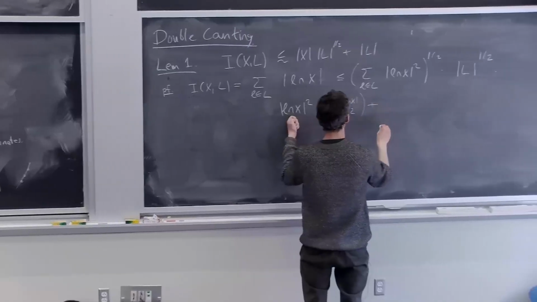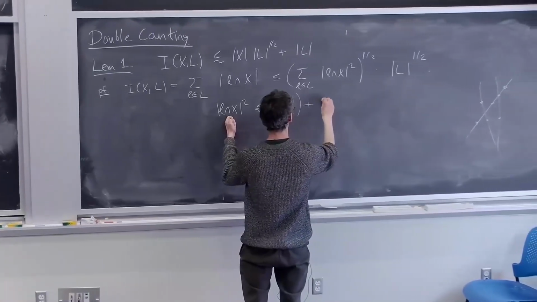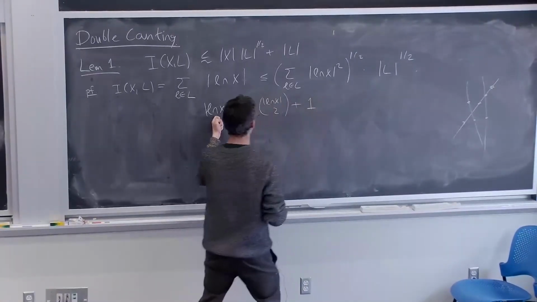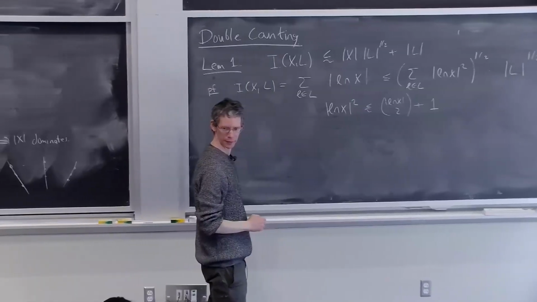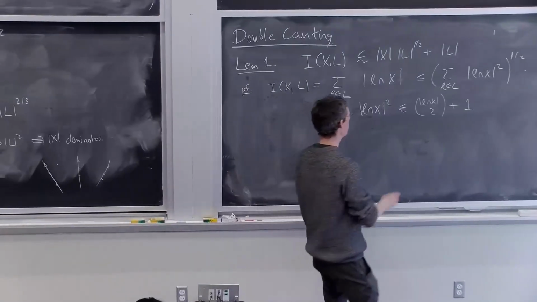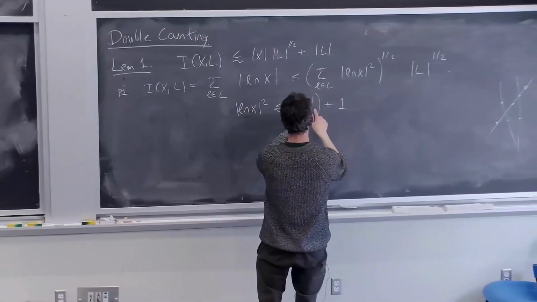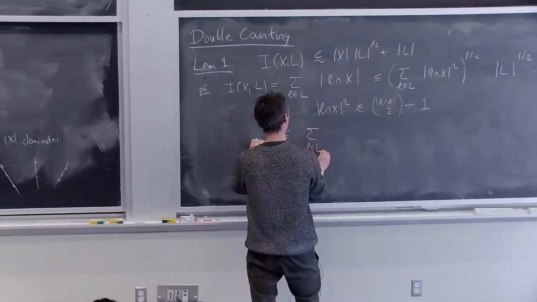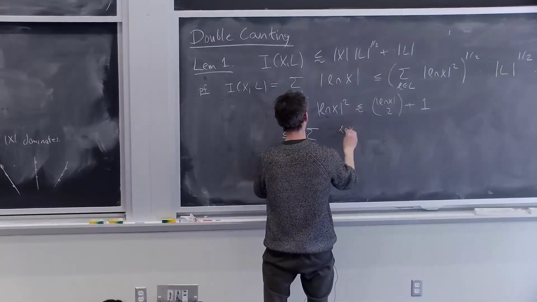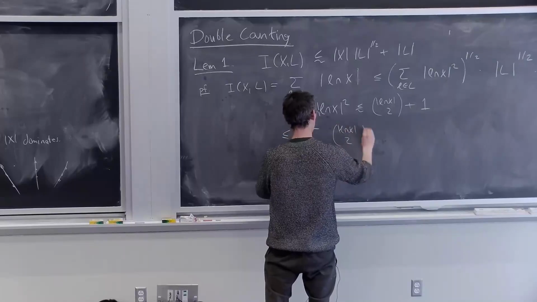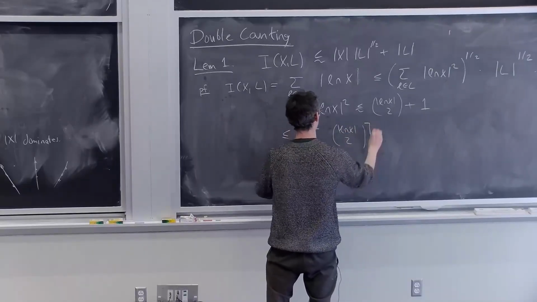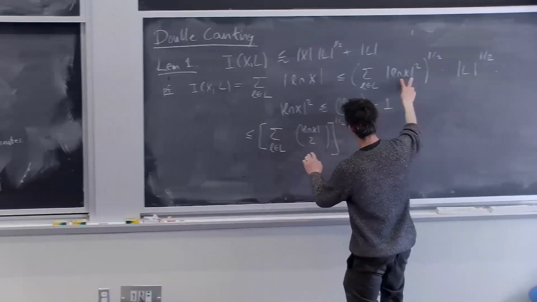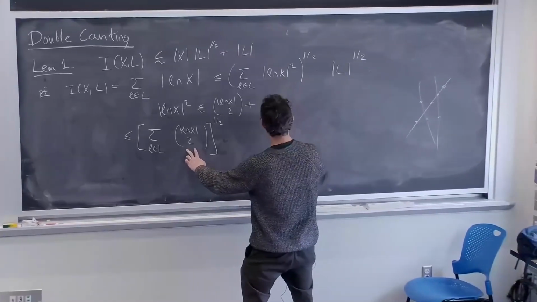So I have to add here. I guess I can just add 1. OK, so now I get 2 terms. So this one contributes the number of points on the line choose 2. So all I'm doing is changing this to this.